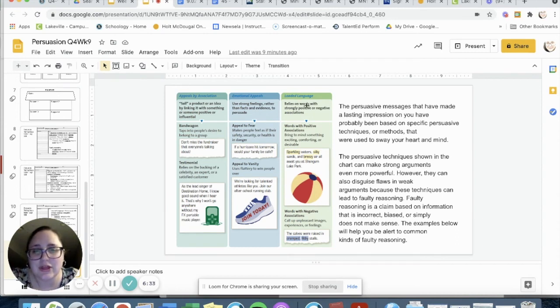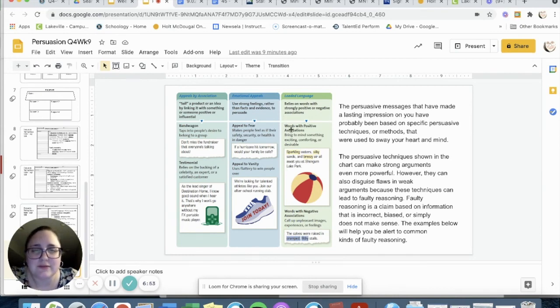Let's look at loaded language here. So just a reminder, it relies on words with strongly positive or negative associations. Again, it's going to be a lot of adjectives and sometimes sensory language, descriptive writing, everything that you guys have already covered in this class. And so it's going to look familiar.